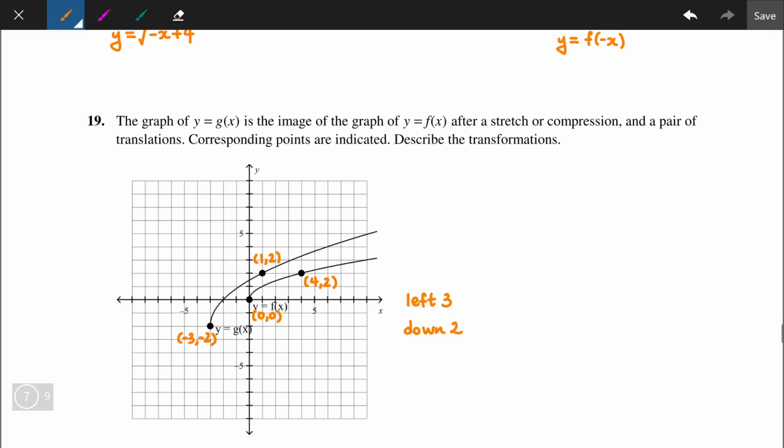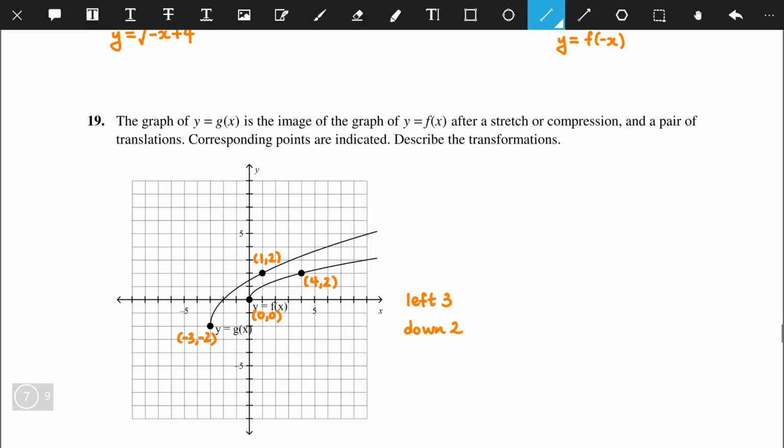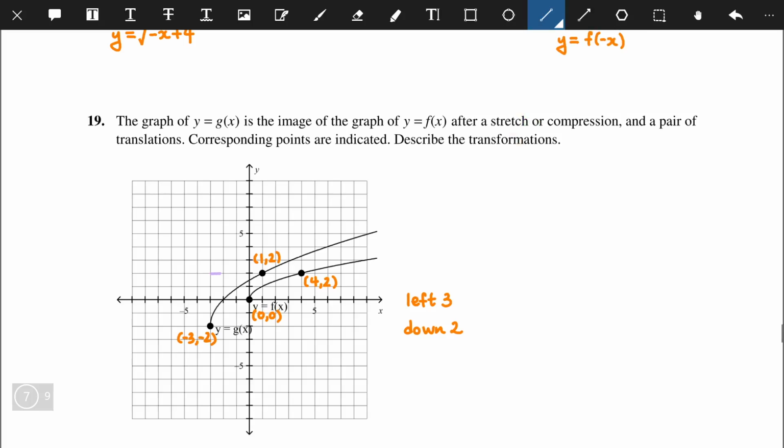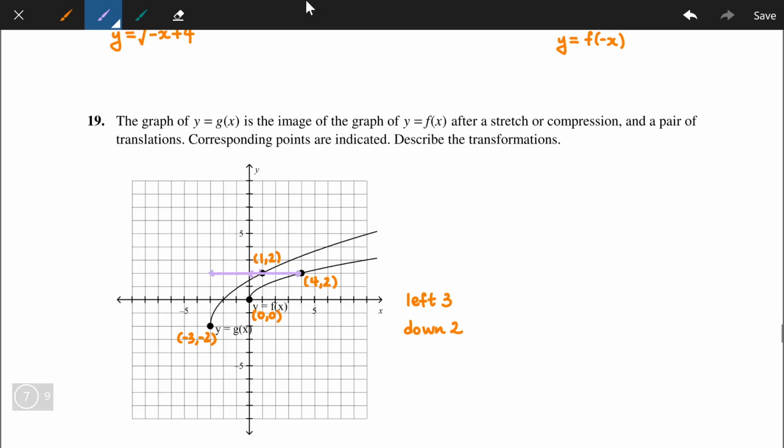Notice that in the question, it's going to use a different color here. The horizontal spaces is 4 in both parts, both in g of x and also in f of x. So there's no horizontal stretches in the function. However, vertically, the points used to have 2 spaces between them.